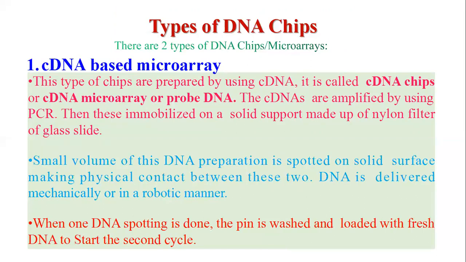This assay can be called a DNA chip assay, cDNA microarray, or probe DNA microarray technique. Here complementary DNAs are amplified by polymerase chain reaction, then immobilized on a solid support made of nylon filter or glass slide. A small volume of this DNA preparation is spotted on the solid surface, making physical contact between the two.